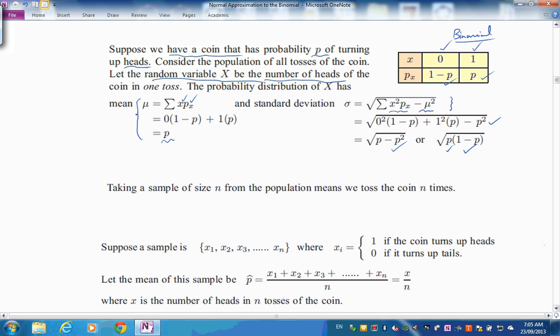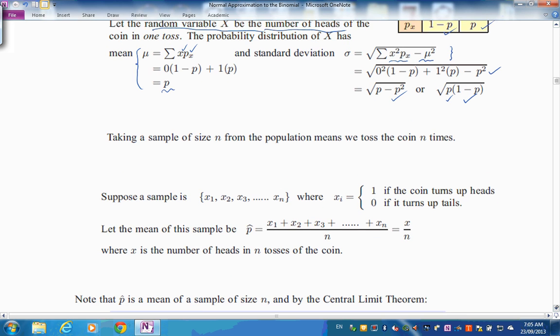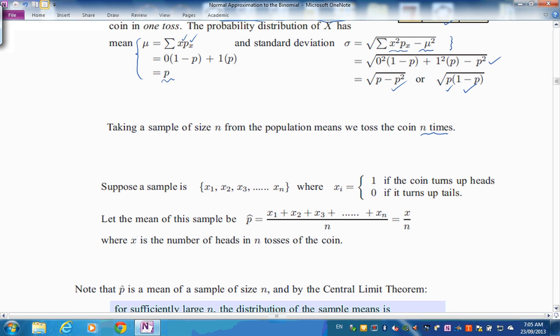Okay, so if we do it n times, take a sample of n from the whole population of all possible throws, we'll have a sample result like that, and we're saying each xi is either a 1 or a 0, binomial, 2 outcomes.